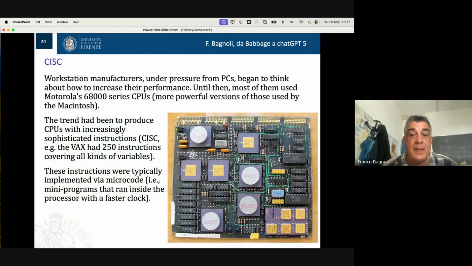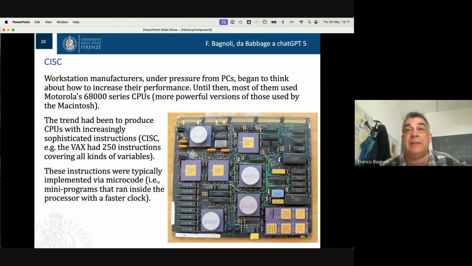And clearly, the other thing that was being improved was the power of the CPU, and again the lines were essentially two. One had a very rich instruction set, the CISC. For instance, VAX had one of the more sophisticated instruction sets.